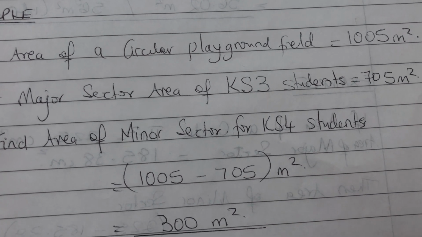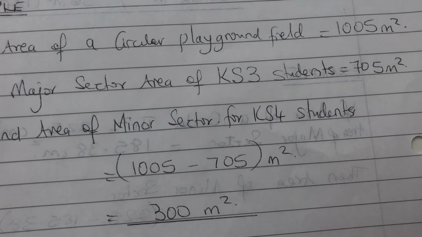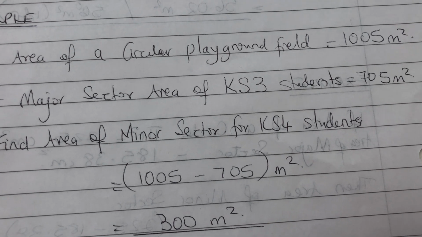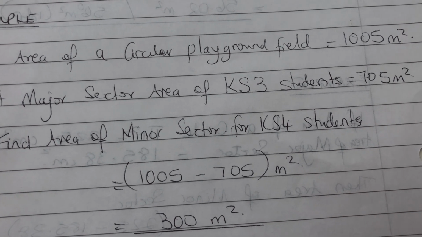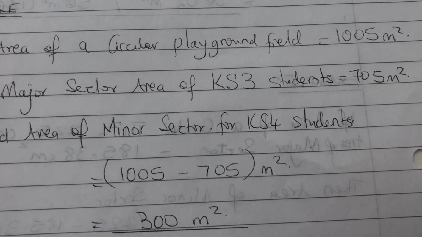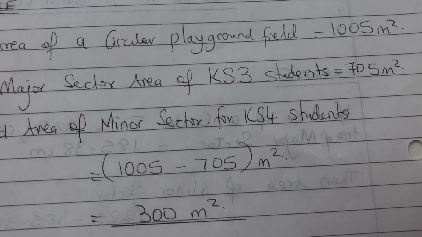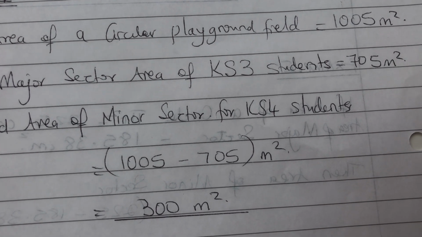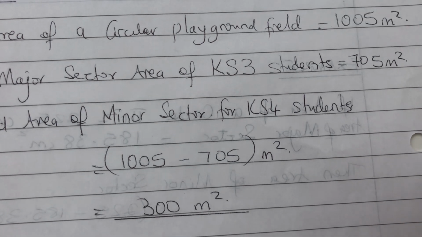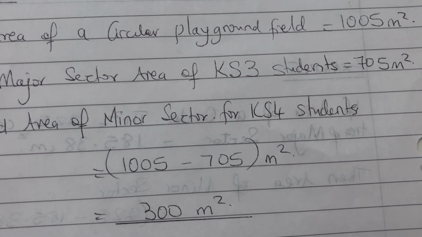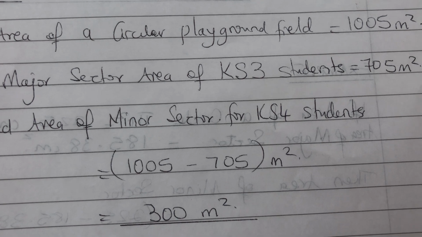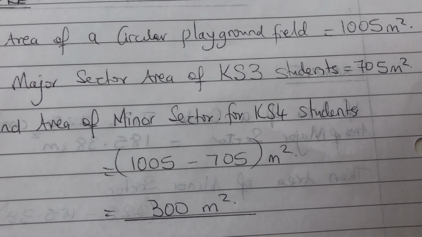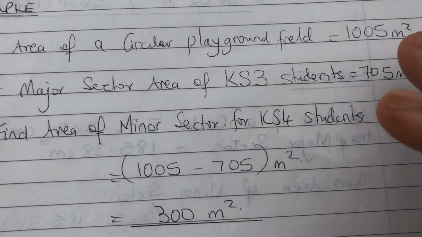Normally KS4 is just two year groups, year 10 and year 11, and KS3 is years 7, 8, 9. The KS3 students are a lot more, so some schools separate them for break time so that they can control them and wouldn't have a lot of fights. And even if there is, teachers will be on hand to stop it before it escalates.